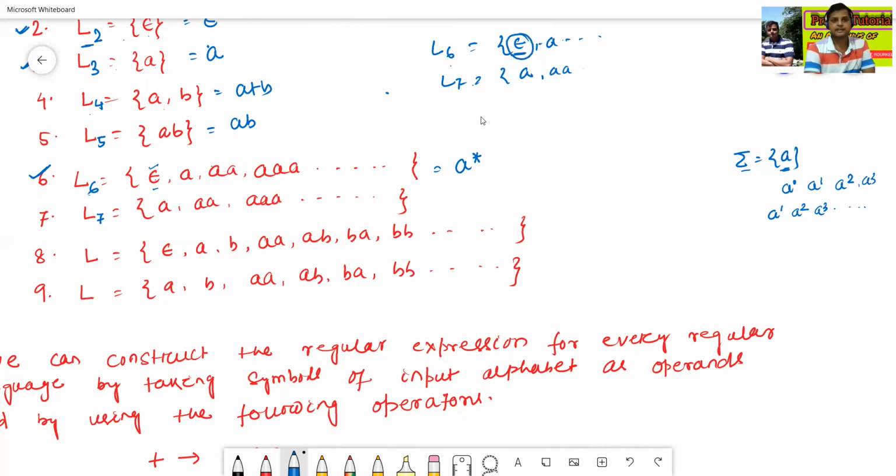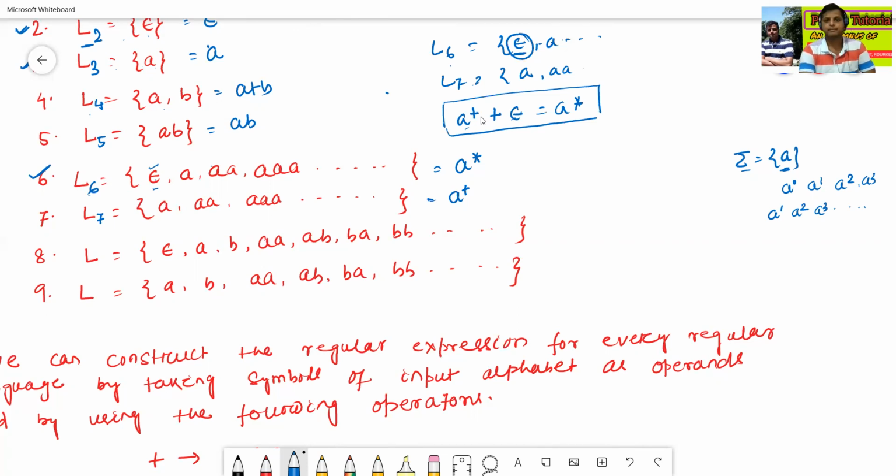So we can represent regular language 7 as a plus. We can also say a plus, plus epsilon, equals a star.